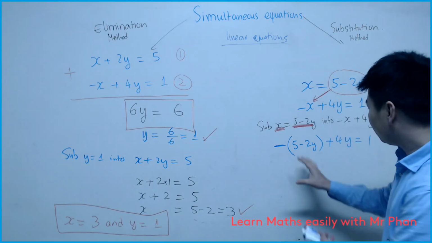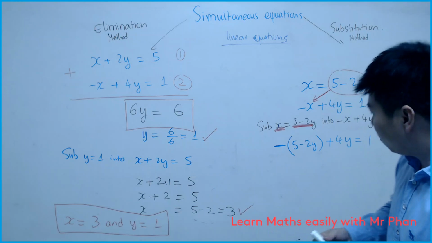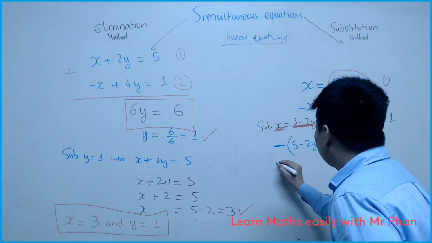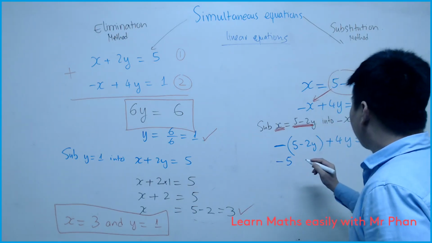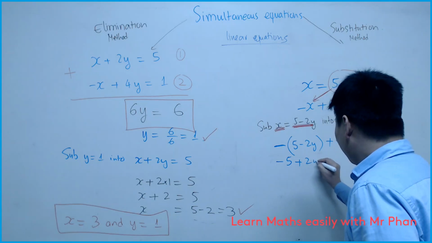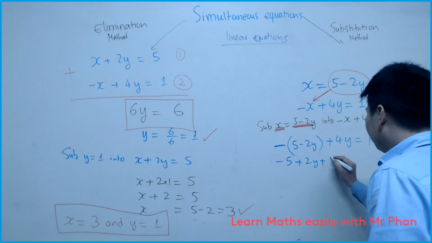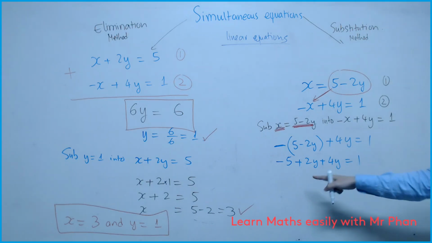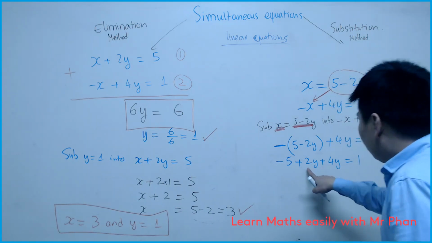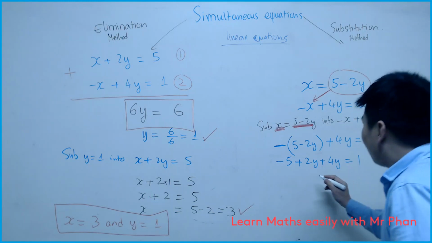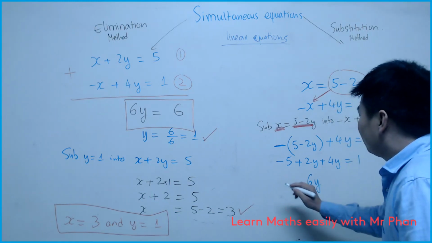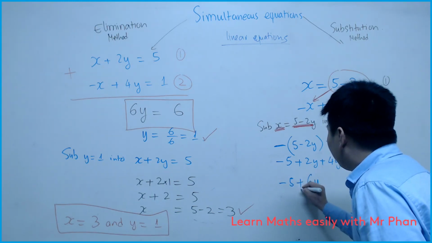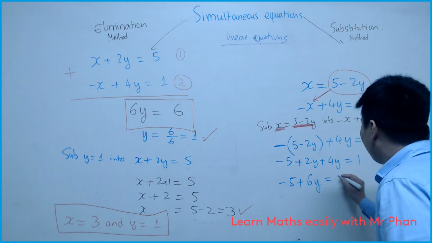And then you just expand it and solve normally. So you find minus 5 plus 2y plus 4y equals 1. After you expand it, you collect like terms. So 2y plus 4y is 6y. Okay, minus 5 plus 6y equals 1.